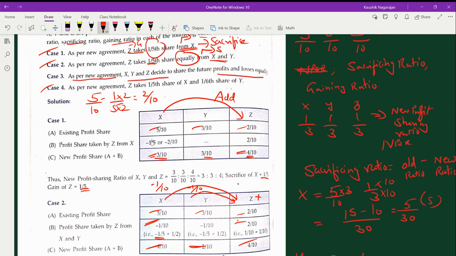So now in the fourth case, it's mentioned very clearly that as per the new agreement, Z is taking 1 by 5 share.